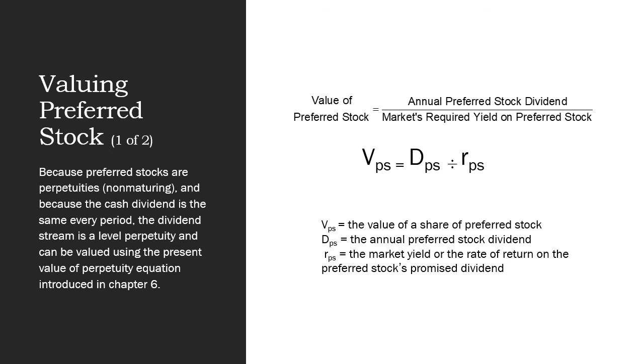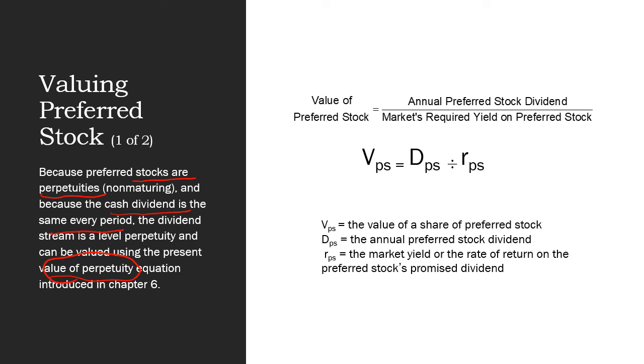Okay, so how do we value a preferred stock? Because the preferred stock is basically a perpetuity, meaning the preferred stock doesn't have any maturity, and because the cash dividend is the same for every period, the dividend stream is a level perpetuity, and therefore can be valued using the present value of a perpetuity, same as the equation that we discussed under the chapter on time value of money.